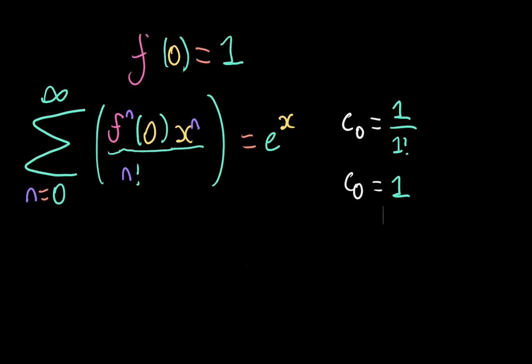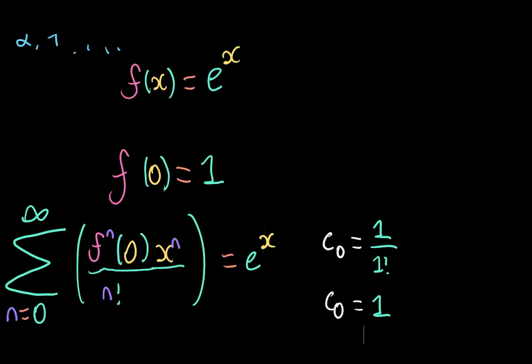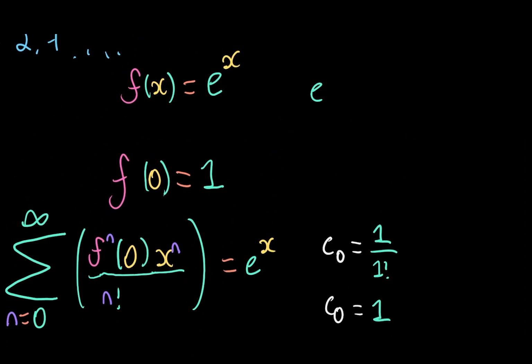Okay, n is equal to 1. Now let's do the same thing. Well, what's the derivative of e to the x? Well, that's a hard one. It's e to the x. Okay, and then we start that thing again. F prime of 0, again, is going to be equal to 1.